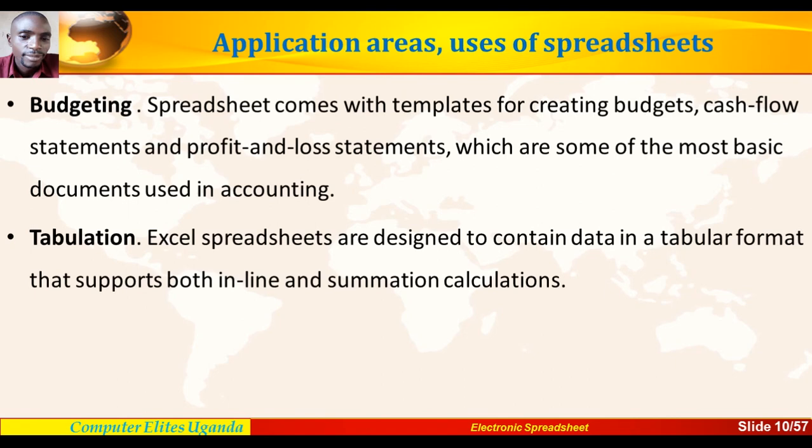We can also use it in tabulation. That is, Excel is designed to contain data in a tabular format that supports both inline and summation calculations. So you can look at it being used in that area of tabulation.